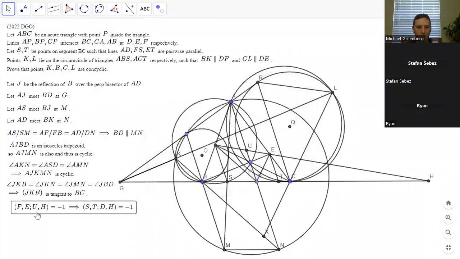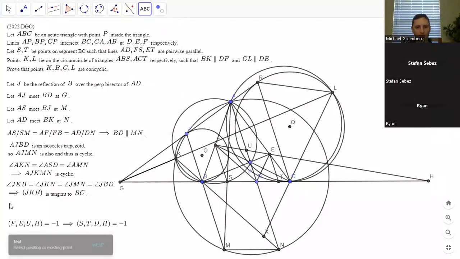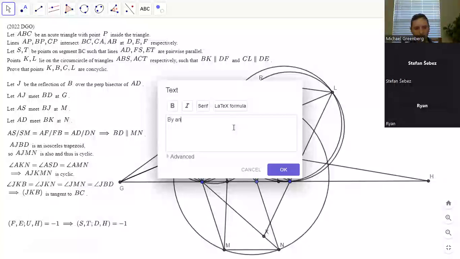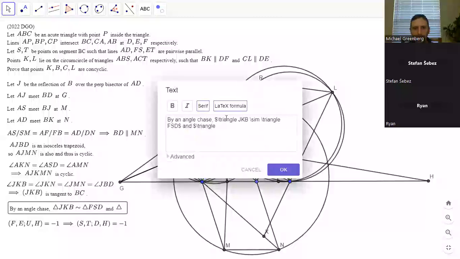So first I'll write, by an angle chase, JKB is similar to FSD, and RLC is similar to ETB.